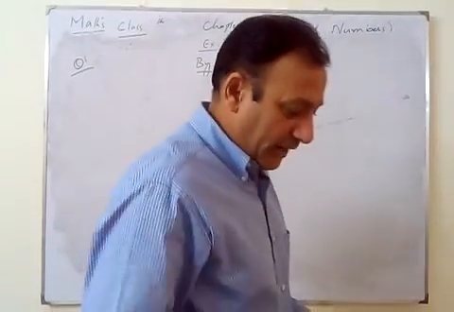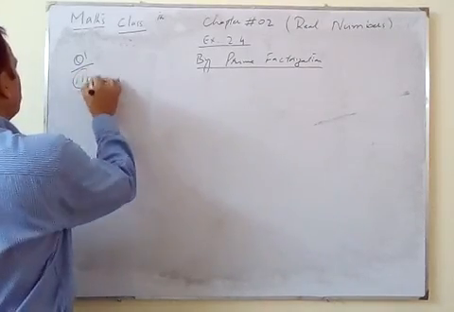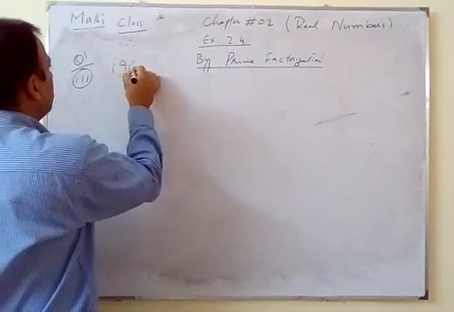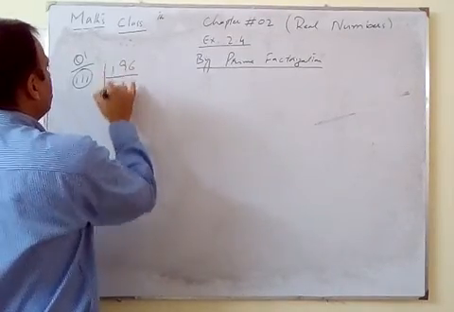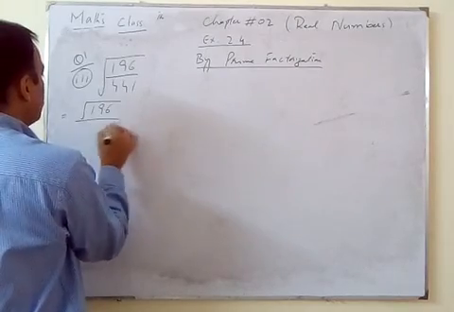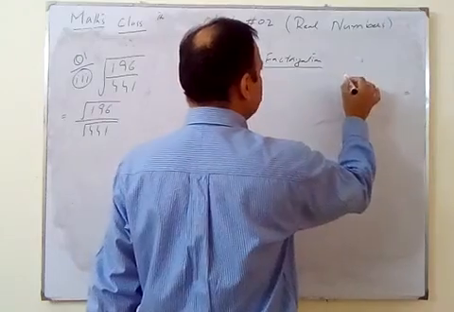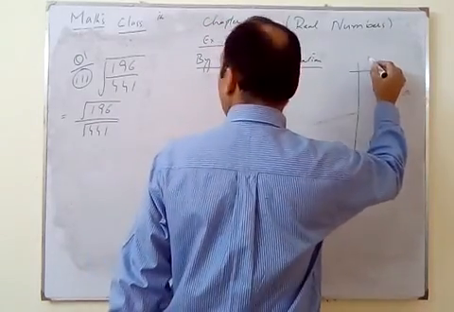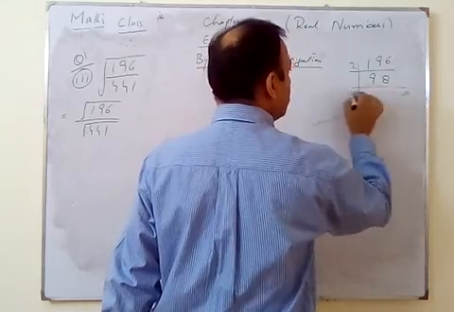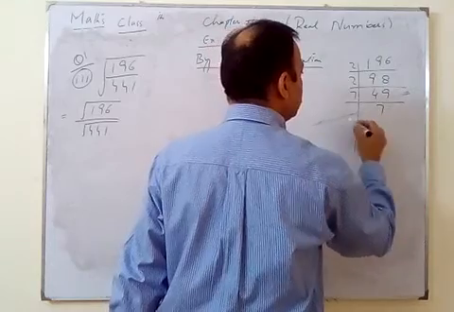Come to the part 3, that is 196 divided by 441, square root. First of all we split this one: square root of 196 divided by square root of 441. Separately we solve this one. 196 by 2, 98; by 2, 49; by 7, 7.